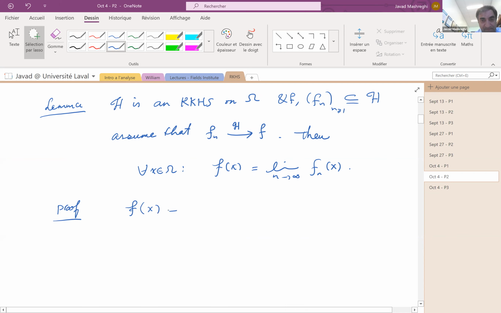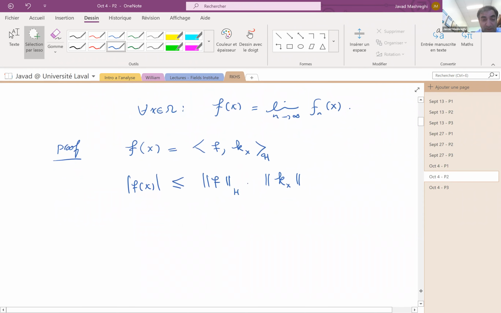F at point x is given by the inner product of F and the kernel Kx in H. Therefore, the absolute value of F at point x is majorized by the norm of F times the norm of Kx. x is fixed, so we can say that the absolute value of F of x is controlled by a constant which depends on x, times the norm of F. And so if we replace F by F minus Fn.